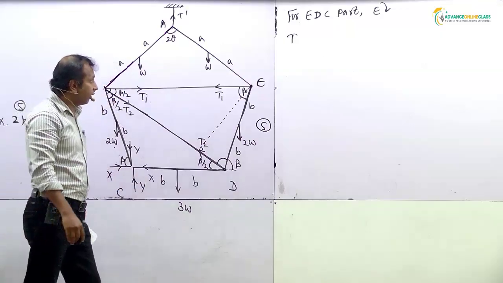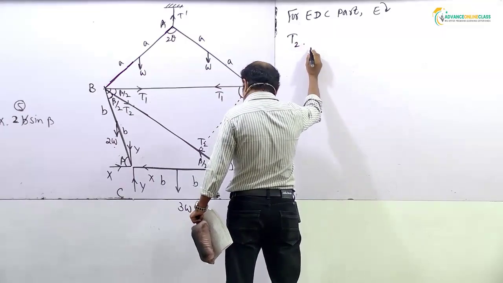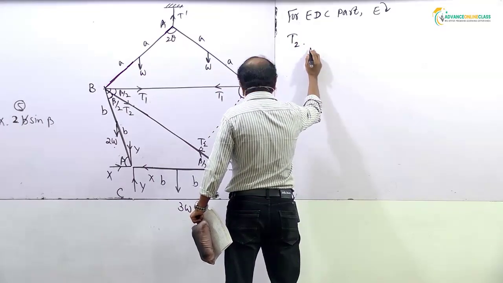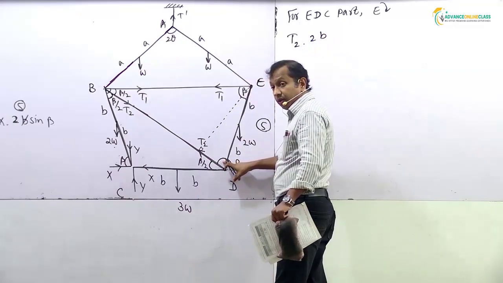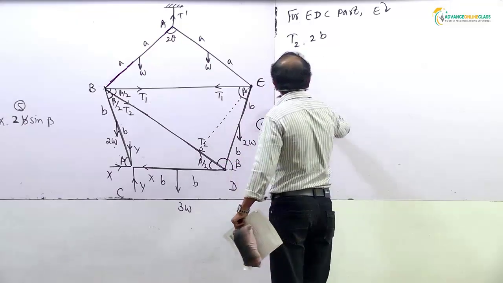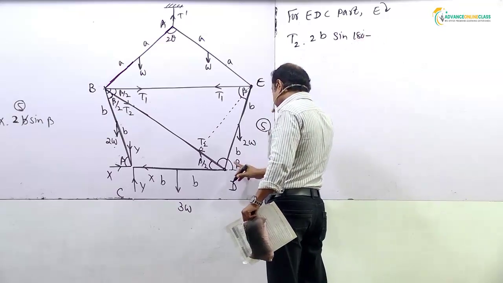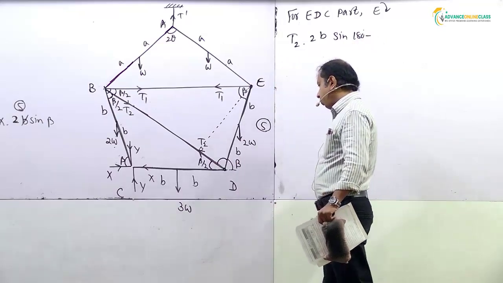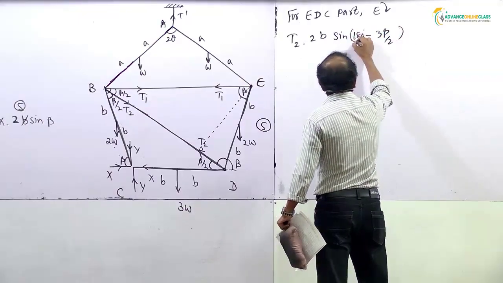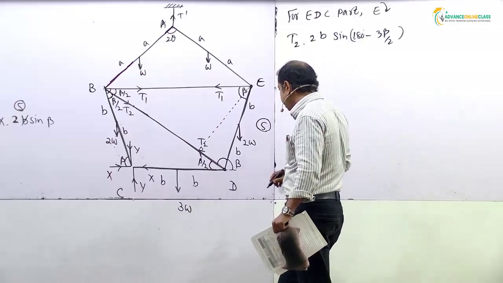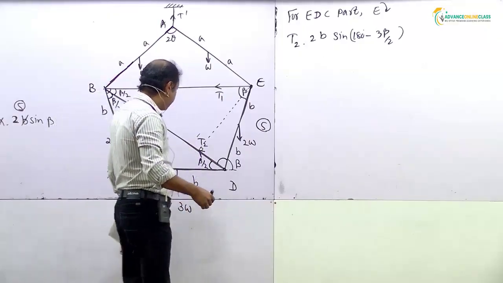Like that, you can take T2 into 2b sine of this angle: 180 minus beta plus beta by 2, which is 3 beta by 2. That we got. T2, okay.